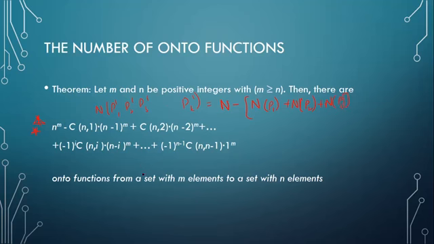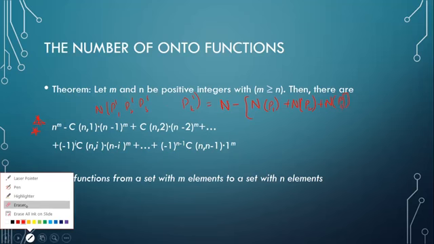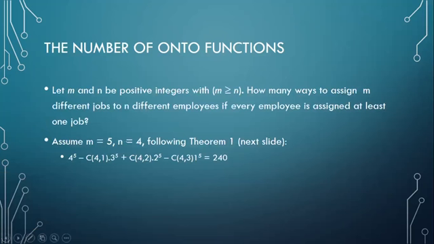Okay. So now, if we are solving the earlier problem, assume m is equal to 5, n is equal to 4. Then by using that formula, we'll have 4 power 5 as the total number of functions minus 4C1 into 3 power 5 plus 4C2 into 2 power 5 minus 4C3 into 1 power 5.